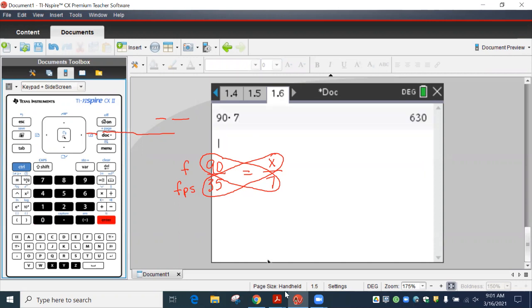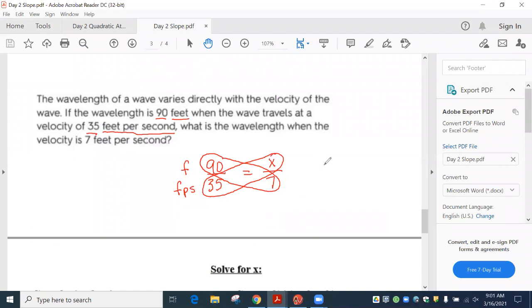90 times 7 is 630. And then what do we do? So we got our 630. We multiplied these two. What do we do after we multiply these two? Y'all remember? We divide. Very good.